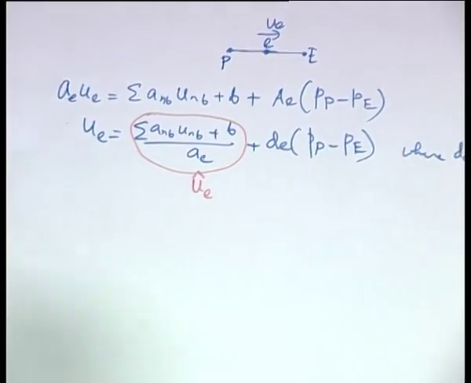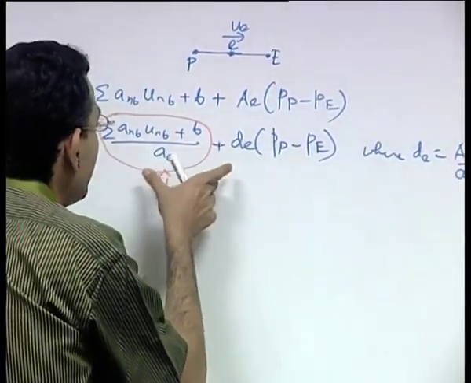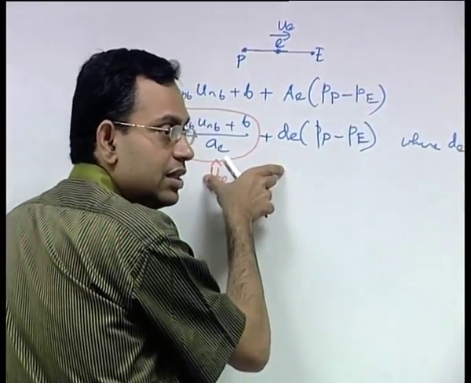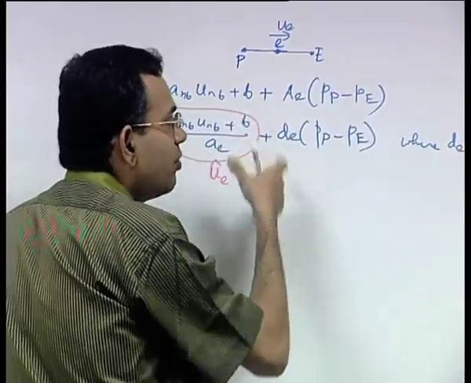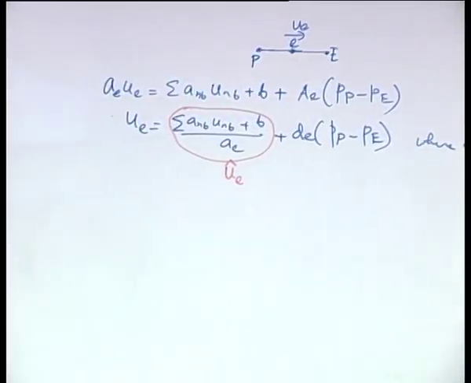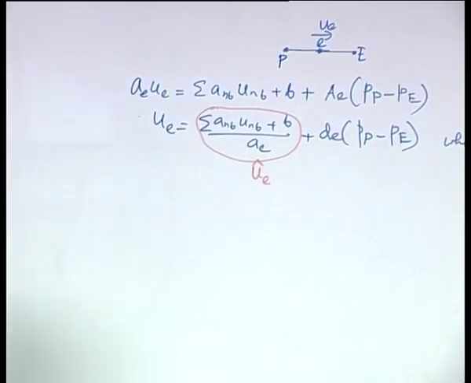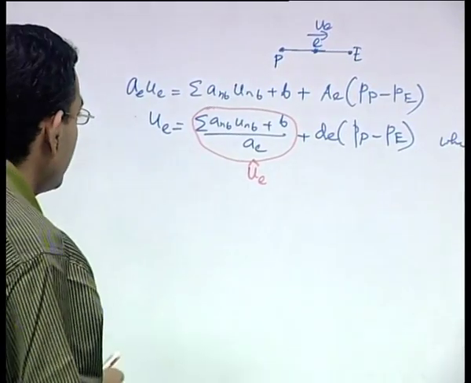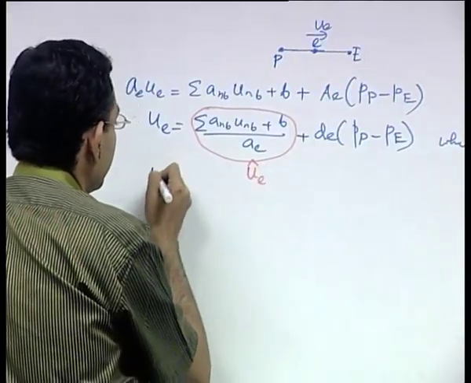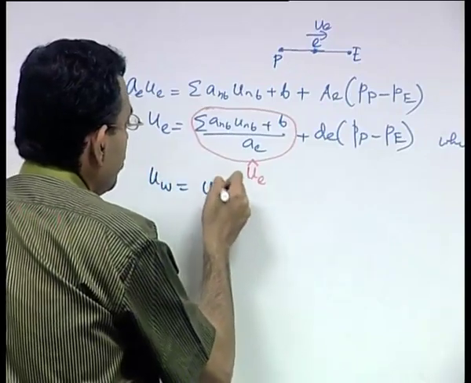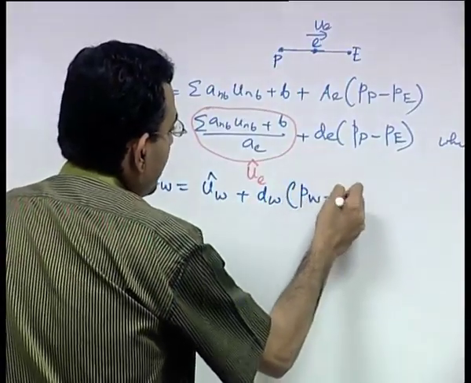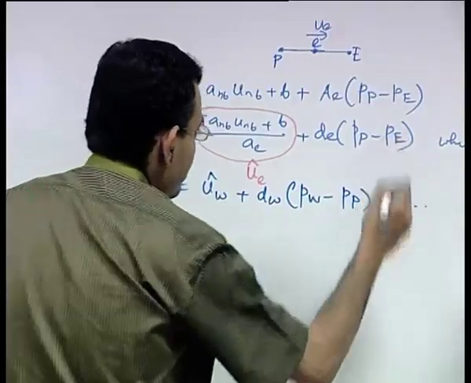Now you try to have this velocity formula satisfy the continuity equation, and that will ensure that you obtain a pressure field that satisfies the continuity equation as well. So how do you do it? You have this as a formula for UE. Similarly UW is equal to UW hat plus DW into PW minus PP, and it goes on.